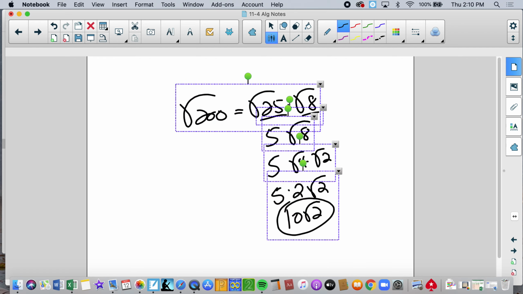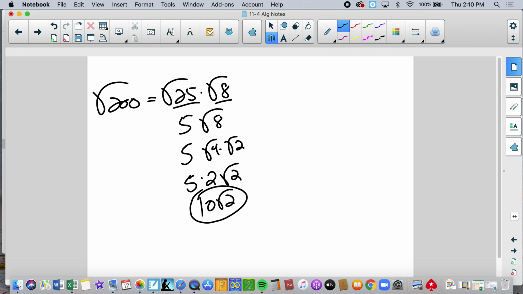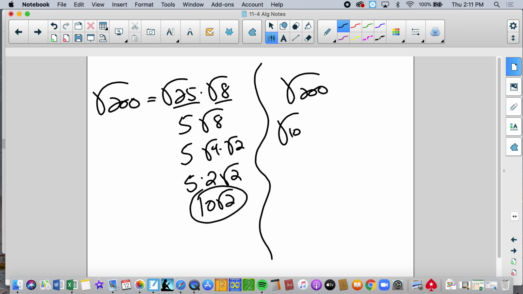It doesn't matter which perfect square you look to group it with or divide it by. We could also have done rad 100 times rad 2, which would have given us 10 rad 2, and that would have been the most efficient way.